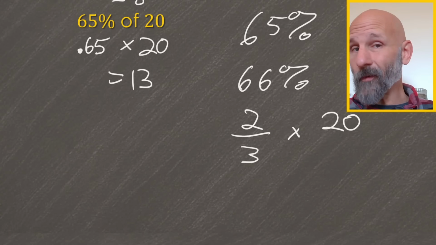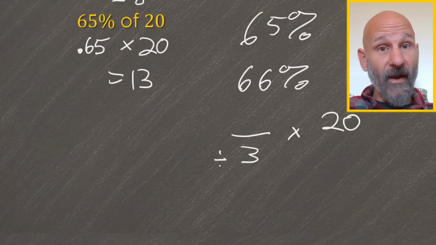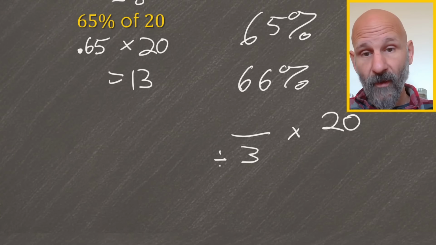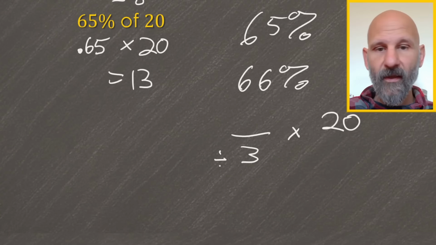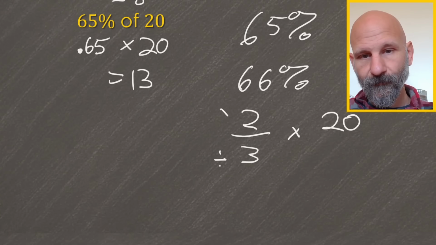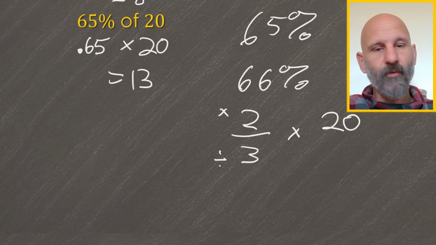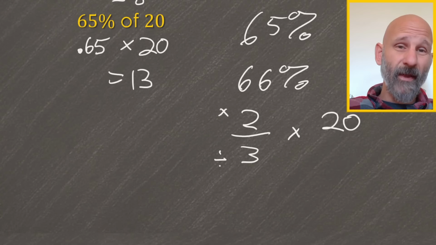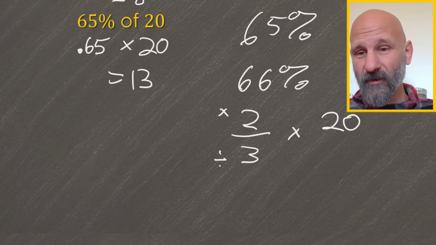So in my brain, this is what I want to do. I want to find 1/3 first. Finding 1/4 is divide by 4. Finding 1/3 is divide by 3. After I find 1/3 of it, I'm going to multiply by 2 to find 2/3. Well, 20, I can't divide by 3, but there's another number right next to 20 that I can divide by 3, and that's 21.